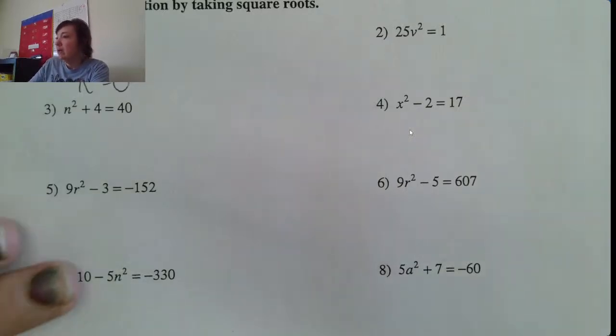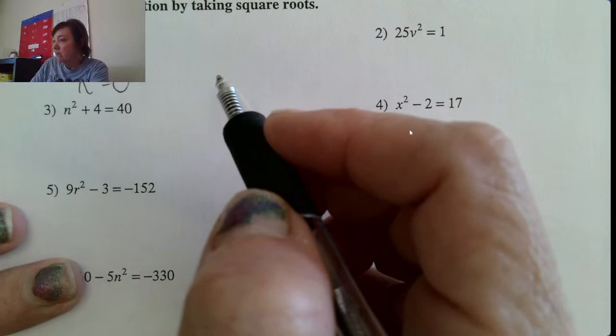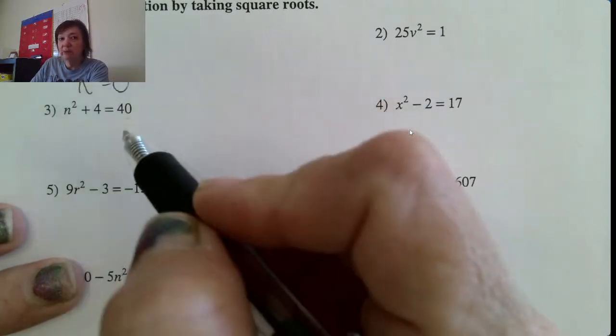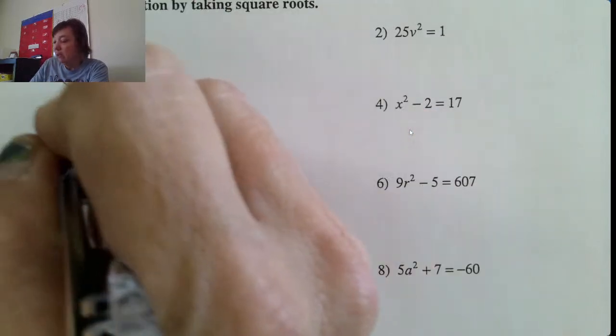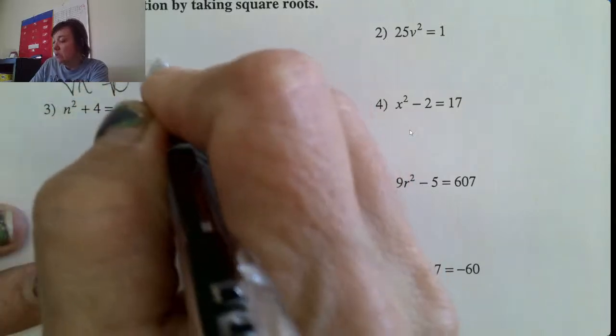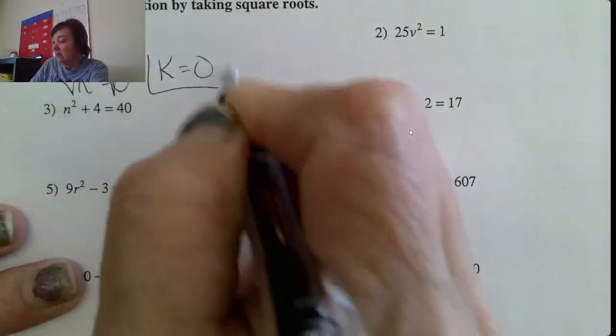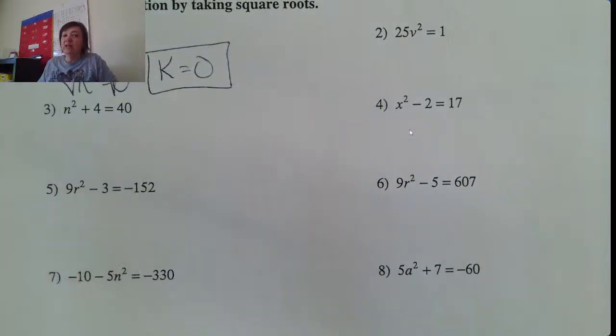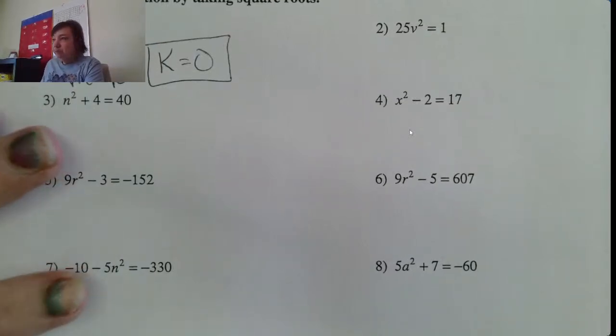And so what's our next step going to be? How do you unsquare something? Square root it. So on this very first one, we're just going to get k is 0. It's that easy. And it only has one answer because 0 is the only answer there is. K is 0, right? But let's talk about number 3 real quick because it's a little bit different.